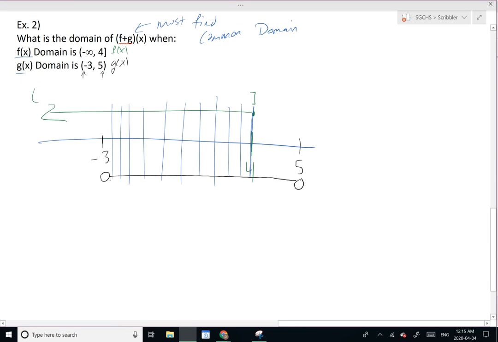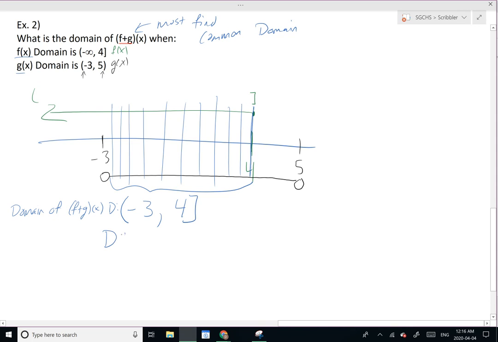Okay, so this is what they have in common. How do we write that? Well, we have to do an open bracket, negative 3 to 4, and we can include that because it's included in both of these domains. So this is the domain of f plus g of x.